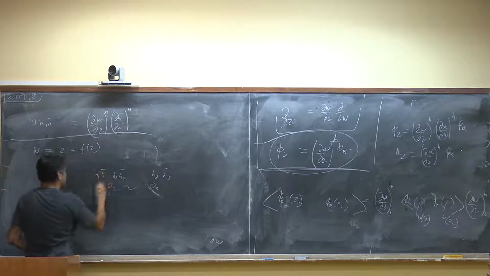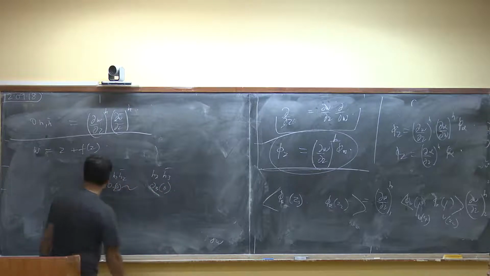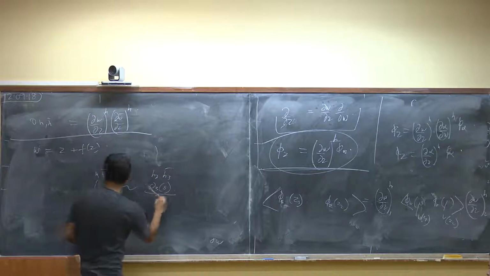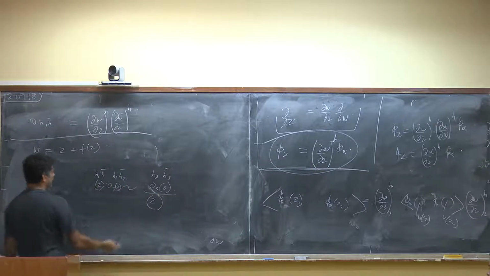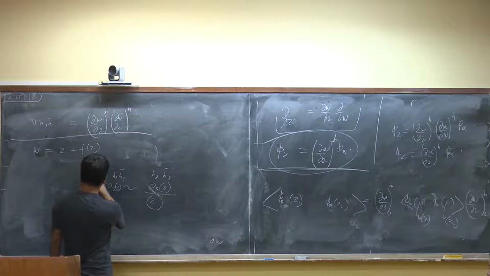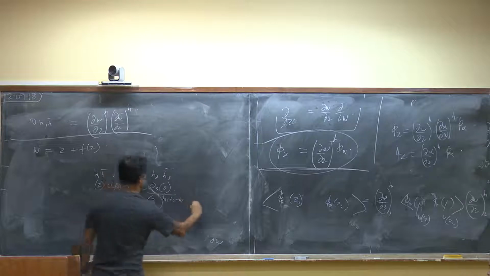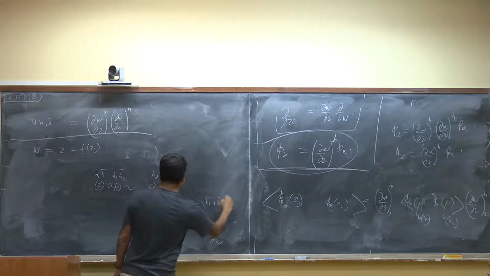So suppose I put this at 0 and I put this at Z. I get O3 at 0. And what am I going to get? I'm going to get Z minus 0 to the power H1 plus H2 minus H3, and Z bar to the power H1 bar plus H2 bar minus H3 bar.